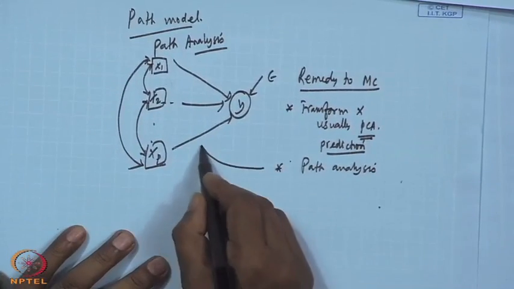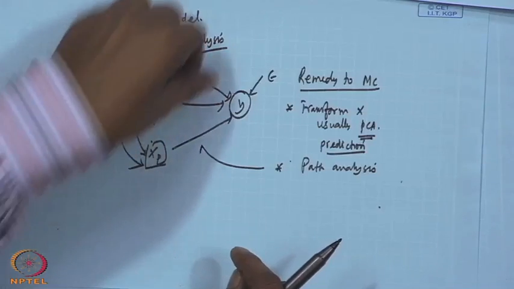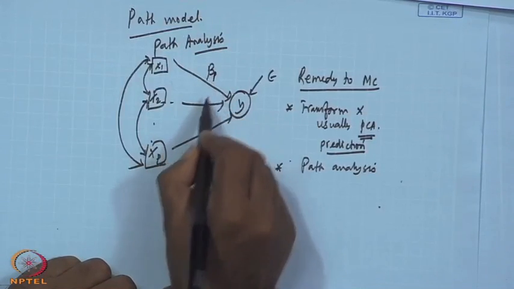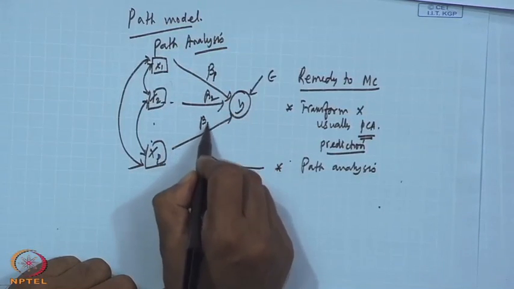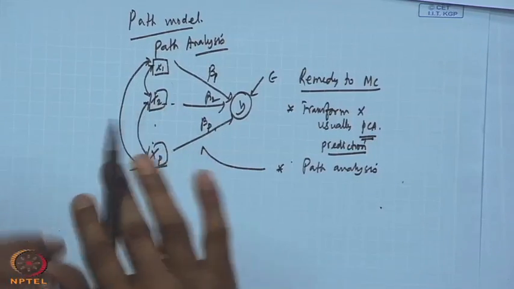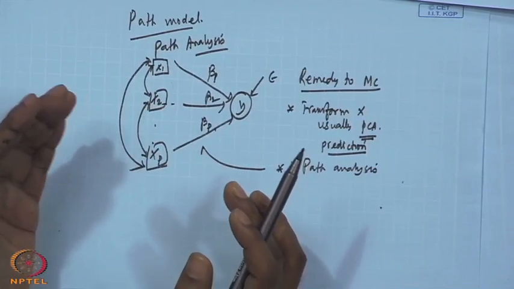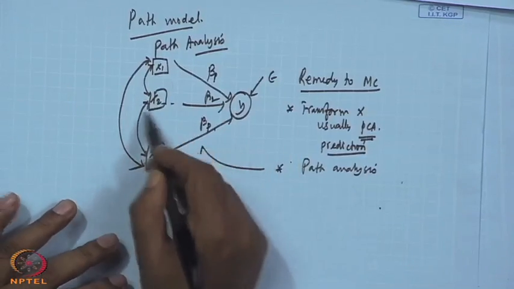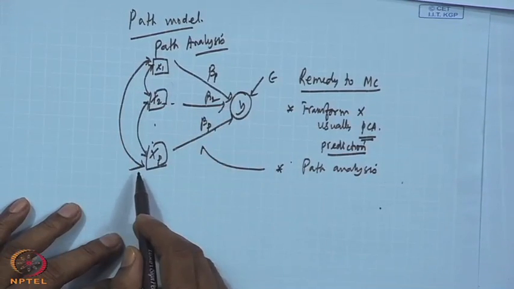What will this path analysis do? It will estimate the same regression parameters, but it will allow the independent variables to covary amongst themselves. This covariance structure will be taken into consideration.